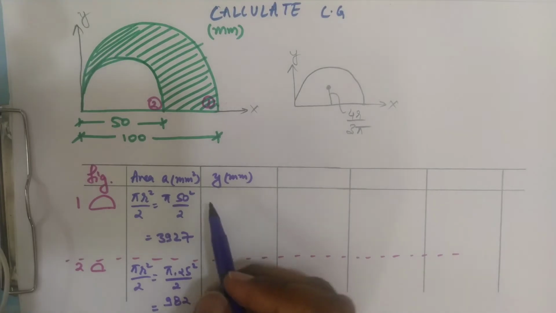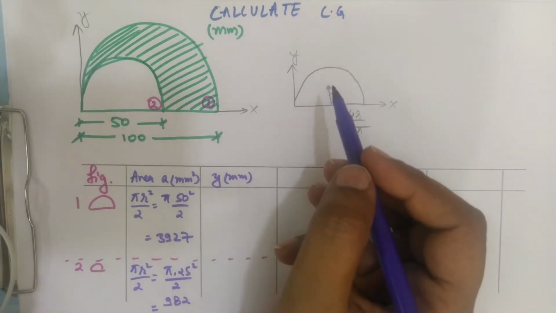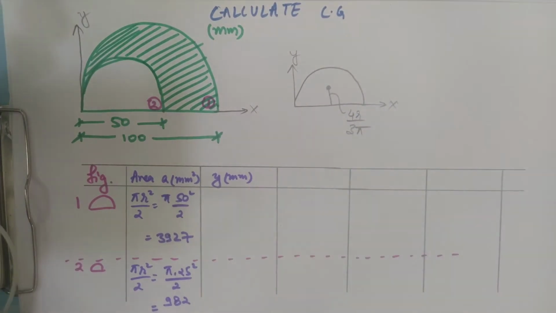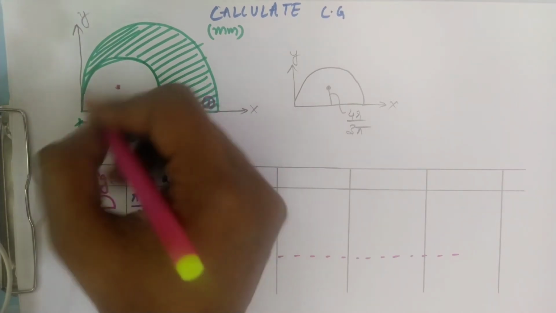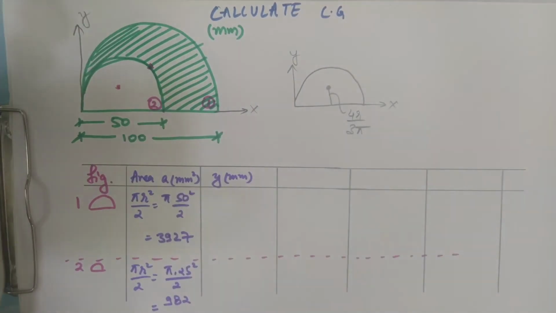Next is your y bar, or your y. For y we have a formula here. I'll mark the CG of this figure, and for the bigger semicircle this could be the CG of the figure.